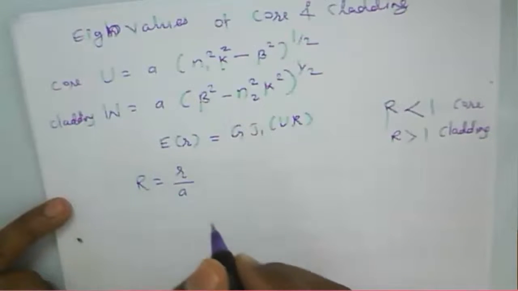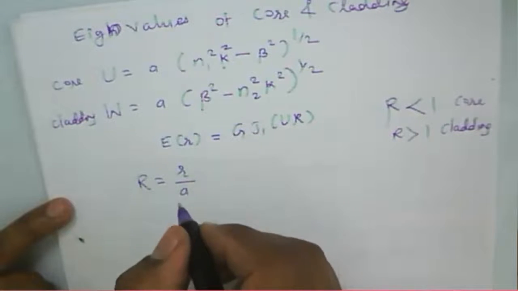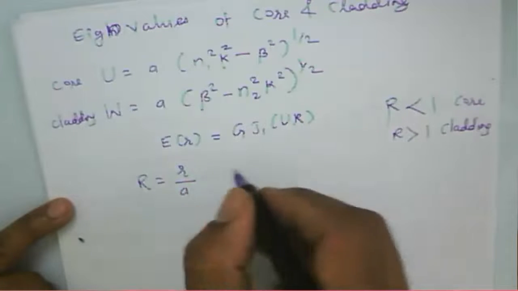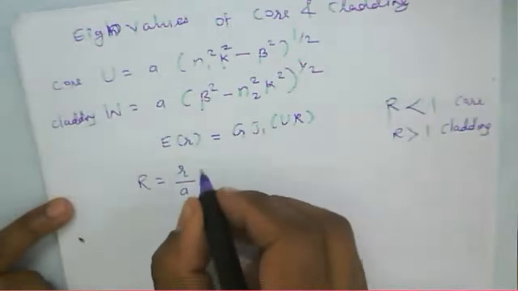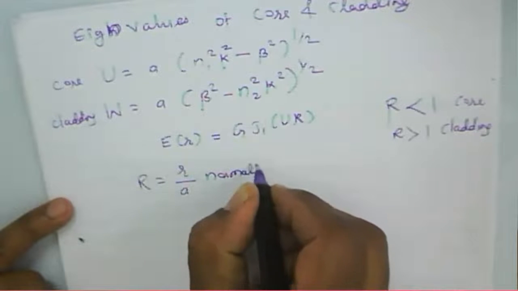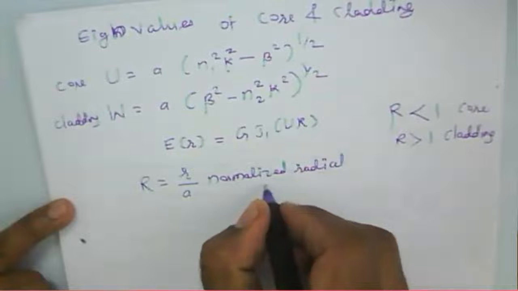How can you normalize? With respect to the radius, and a factor for this radial distance. So this is nothing but a normalized radial constant.